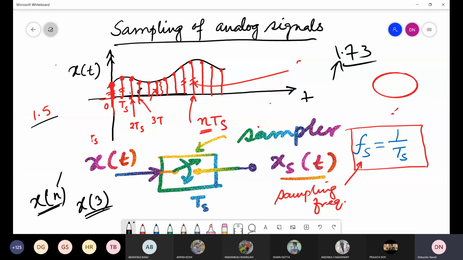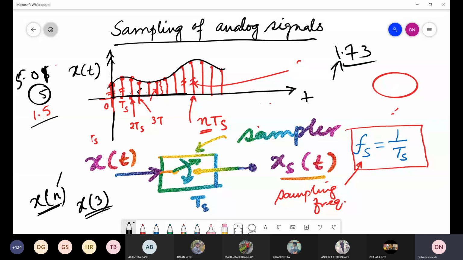And quantization means actually, suppose a signal value is, for example, 5.01, and then I will quantize this as 5. Then it is possible to represent this number 5 by using a finite number of bits.